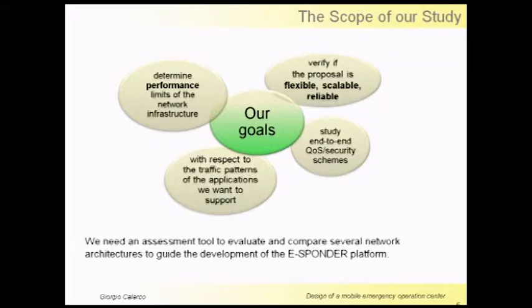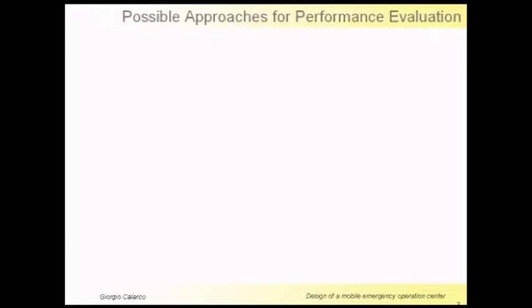To evaluate the performance of this network, of course, we need an assessment tool to evaluate and compare possible different architectures and to guide the development of the ISPONDER platform. The first problem is which tool to choose. Possible approaches are analysis based on queuing theory, which is ideal but difficult to apply to complex scenarios.